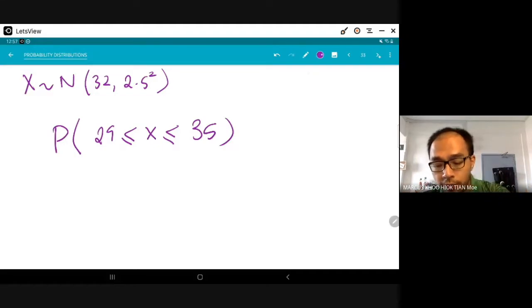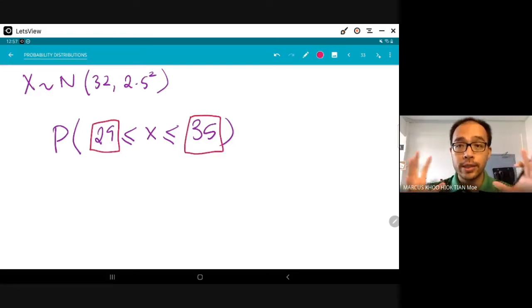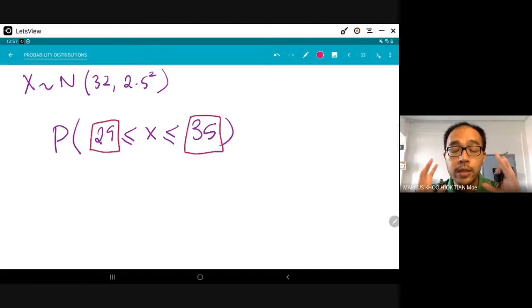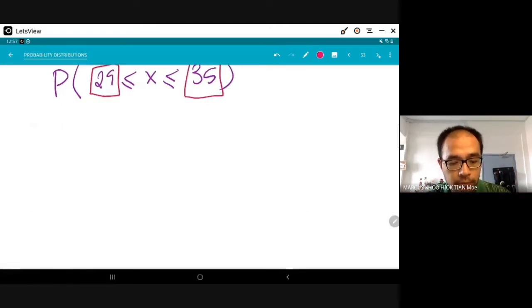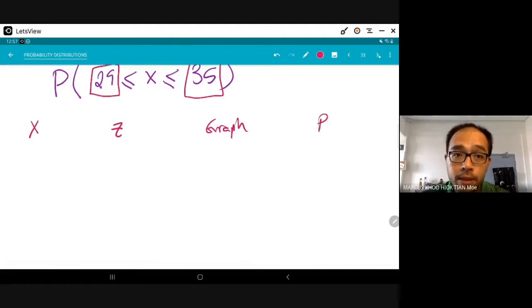And you find that over here, kita ada dua nilai X. Okay, tapi jangan kencang. We can still use the same table to help us. Okay, so the same labels, X, Z, graph, and probability.